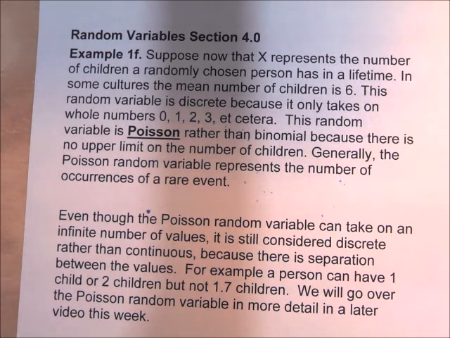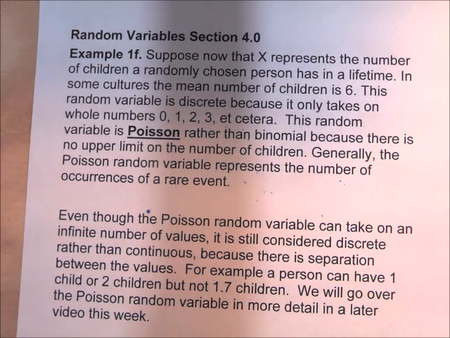So it's similar to the binomial in some respects, but it's a different random variable because there's no upper limit on the number of values of x. And generally the Poisson random variable represents the number of occurrences of a rare event.